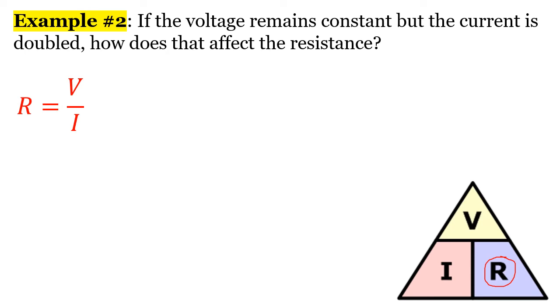So let's put a 2 in front of that I. Now, since the I is in the denominator on the right side, we need to put that 2 in the denominator on the left side. So it's going to be our resistance divided by 2. So notice that 2 is in both sides. And since we're dividing our resistance by 2, another way to think of that is we are halving our resistance.